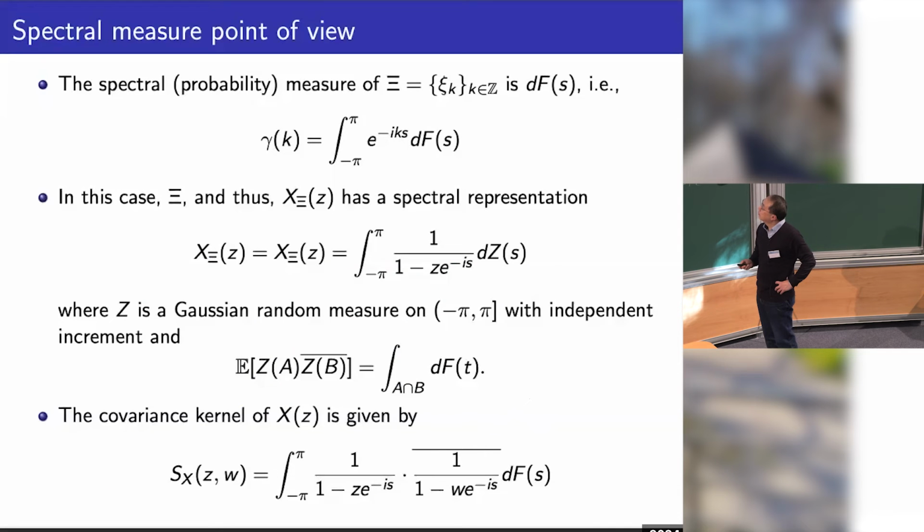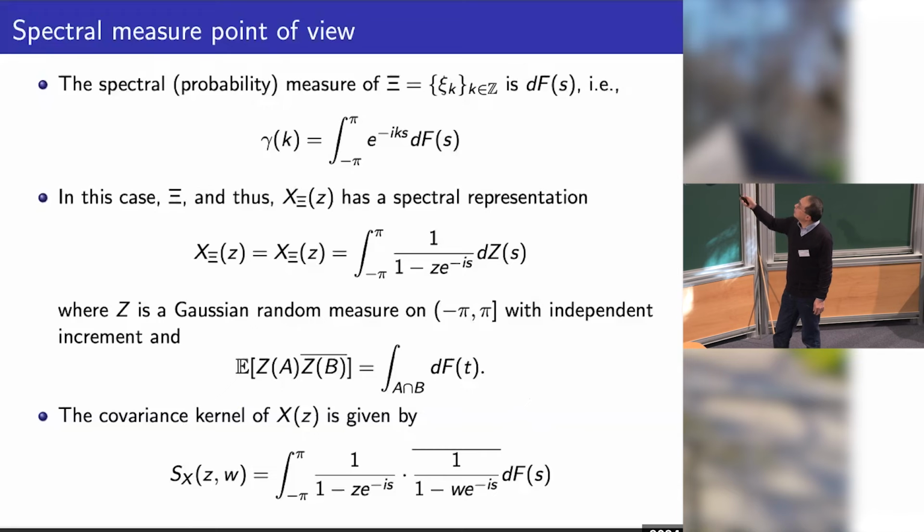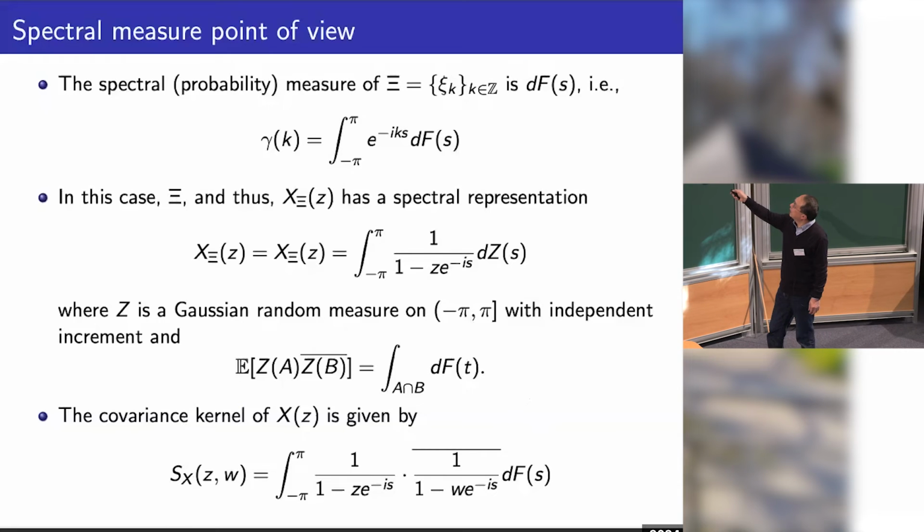Before that, I'll explain a little bit. The spectral measure of this gamma, as I used delta before, but here we use f. And then xz itself has a spectral representation.